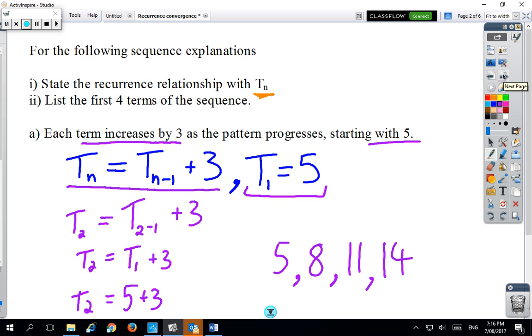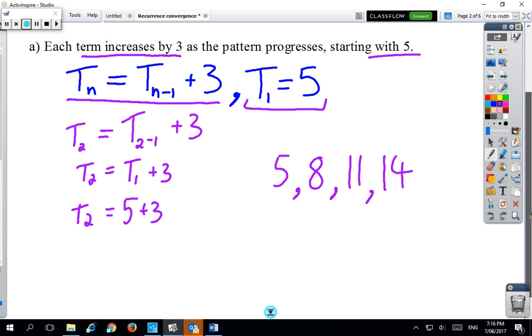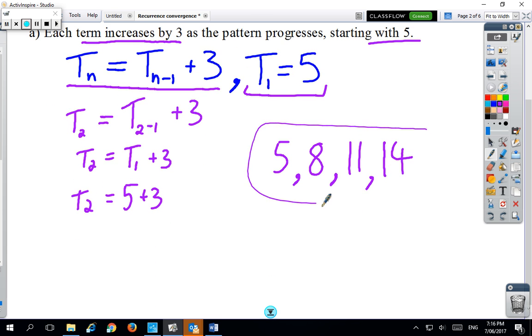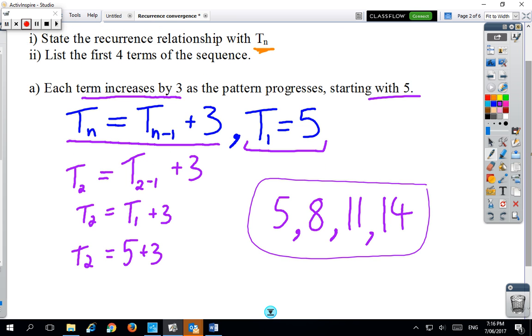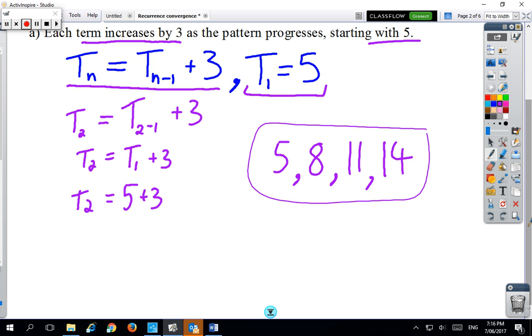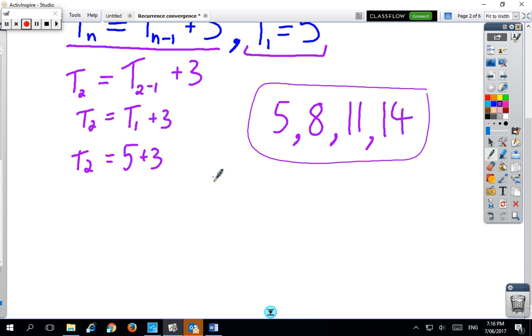When we look at our patterns of numbers, have a think about them. This was the pattern of numbers we made from our first recurrence relationship. If we were to make a picture of those numbers, just a quick one, nothing fancy, term 1 might be 1, 2, 3, 4. Let's say that's 5, 10, 15, 20.